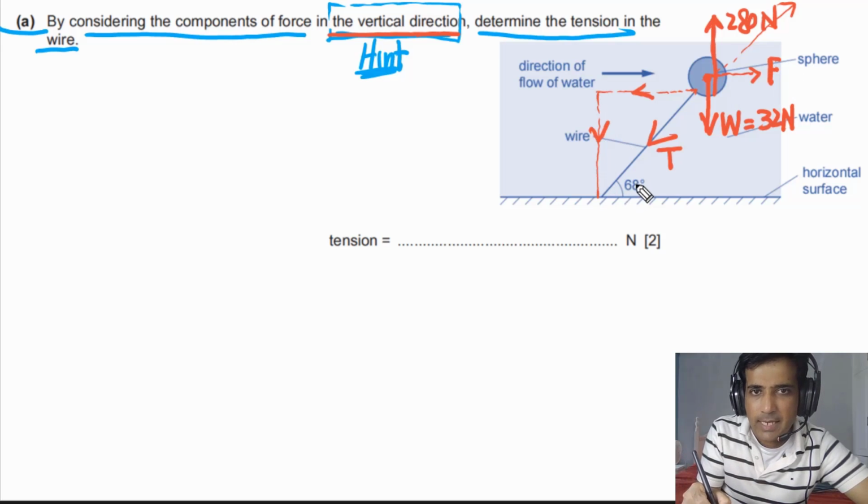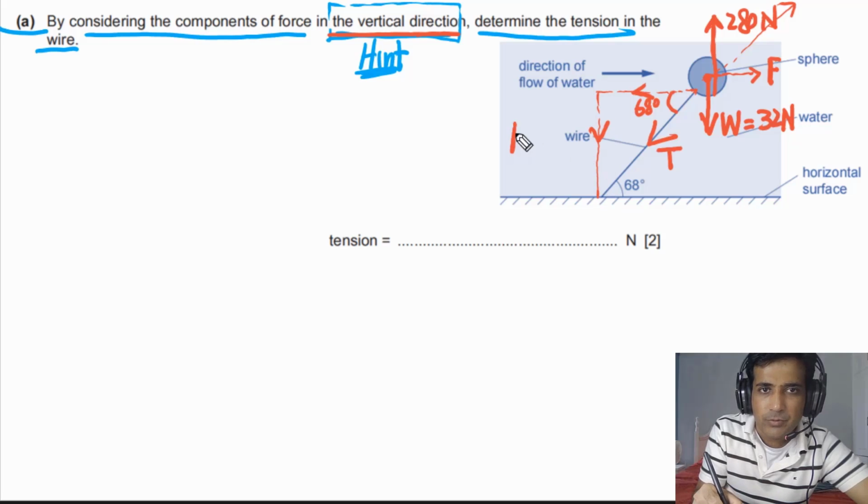If this angle is 68, this one will be 90 minus 68, and this angle will be equal to 68 degrees. Now this component of tension will be T sine of 68 degrees, and this one will be T cosine of 68 degrees.